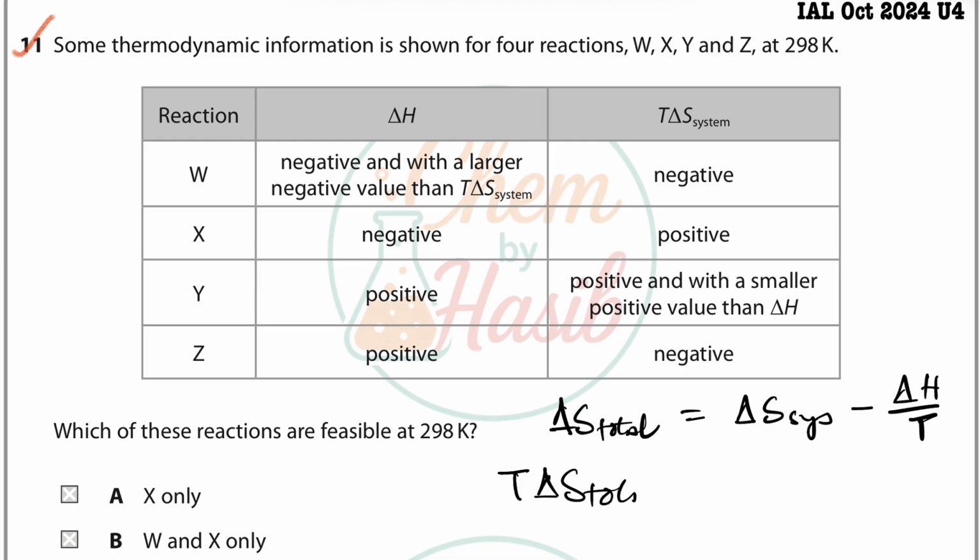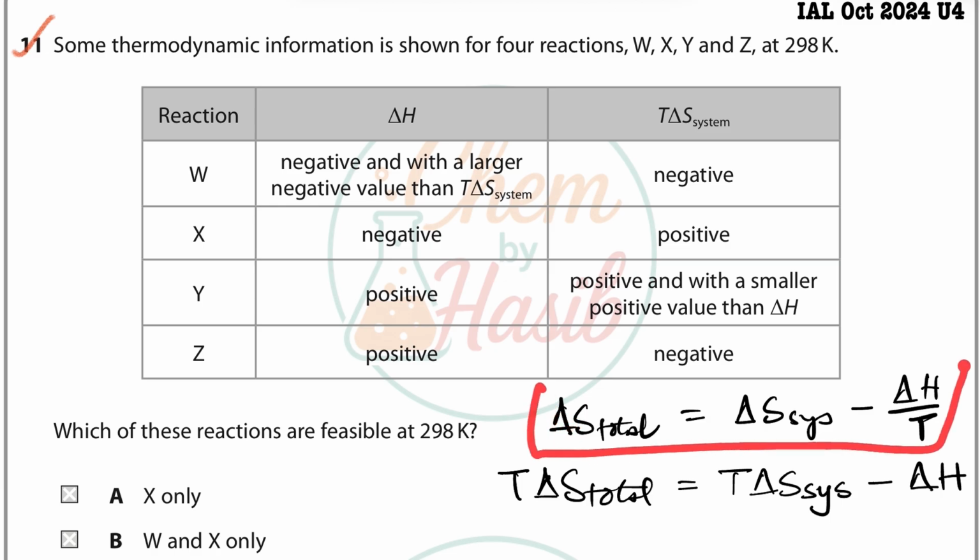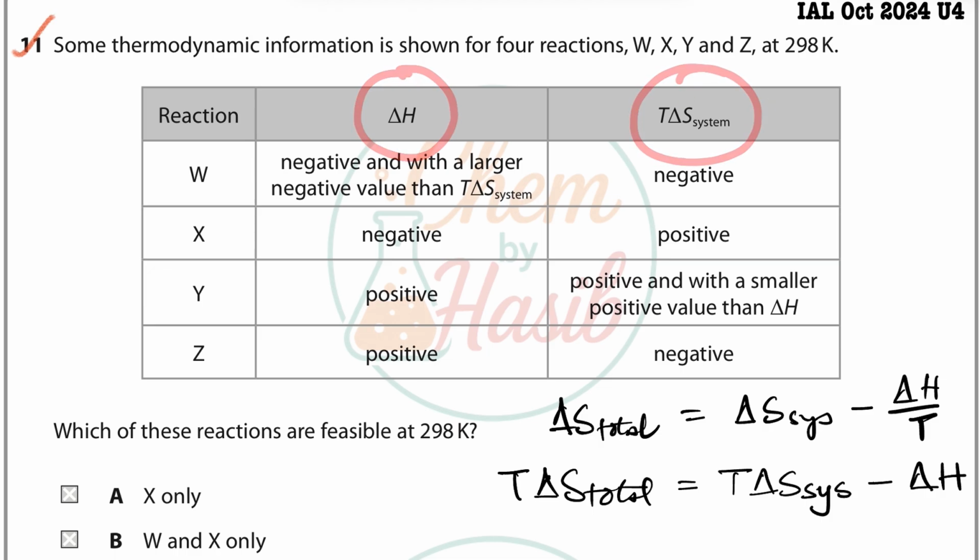If you multiply the whole equation by temperature, the equation becomes T multiplied by del S total equals T multiplied by del S system minus delta H. Now we can compare del H and T multiplied by del S system.